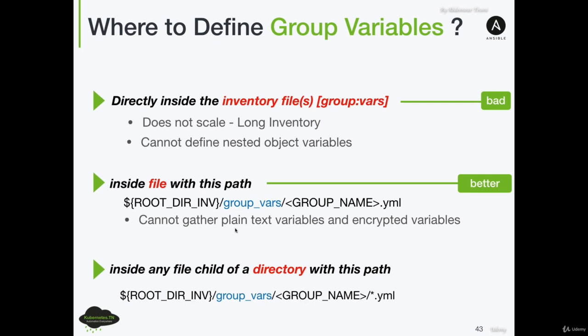It is similar to host_vars, however here we have the directory group_vars instead of host_vars. So let's migrate our variables from the inventory file to be inside a directory with the same host name or with the same group name.